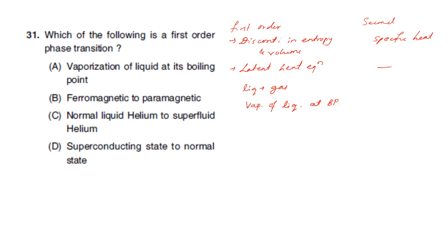Examples of second order phase transition are transition of ferromagnetic material to paramagnetic material, then normal liquid helium to superfluid helium, then superconducting state to normal state. All these are examples of second order phase transition, and these two are examples of first order phase transition. Therefore vaporization of liquid at its boiling point is a first order phase transition.